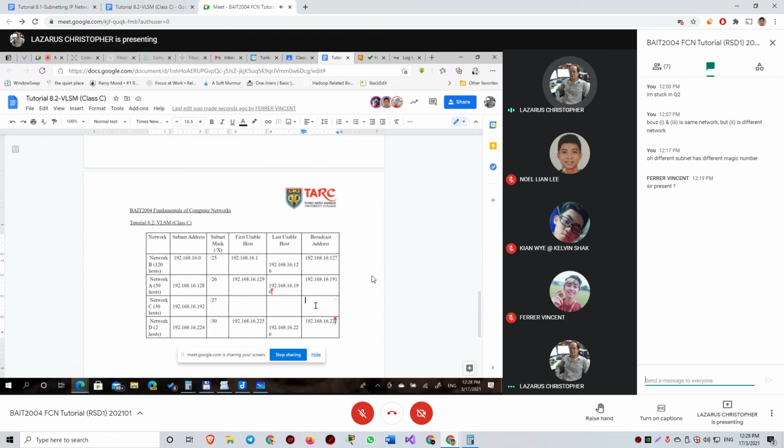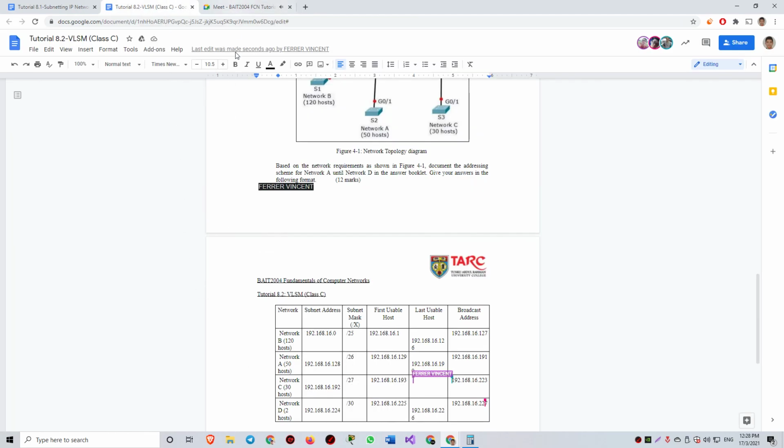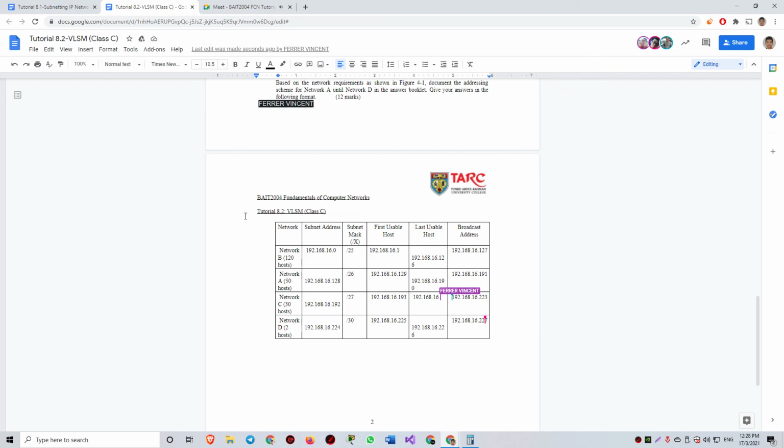Same for network C. The broadcast address is one below network D's subnet address. Then the last usable host will be one below the broadcast address. Yeah, correct. So now we have all correct.